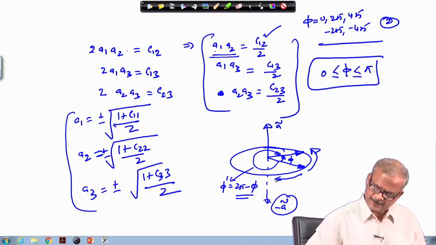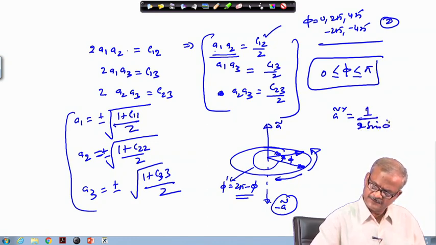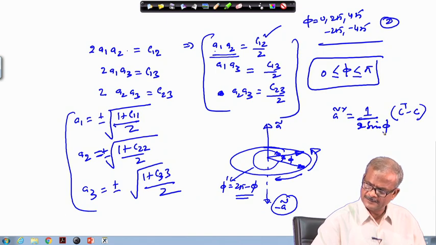And this part is also obvious from 1 by 2 sin phi times C transpose minus C. So, what we can see is that if we give phi, we get a certain A cross. If we give 2 pi minus phi in this place, we will get a minus sign. So, that rotation is just the opposite one, and both will lead to the same position.